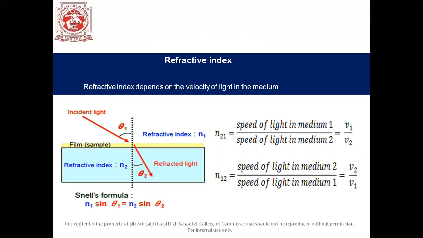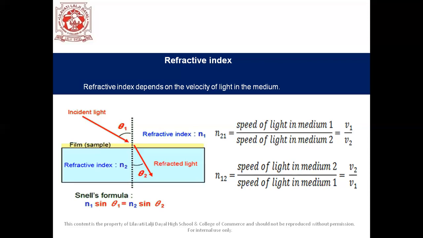This constant is called the refractive index of the second medium with respect to the first medium, and it is denoted by n21. If v1 is the velocity of light in the first medium and v2 is the velocity of light in the second medium, then n21, the refractive index, is equal to v1 upon v2.